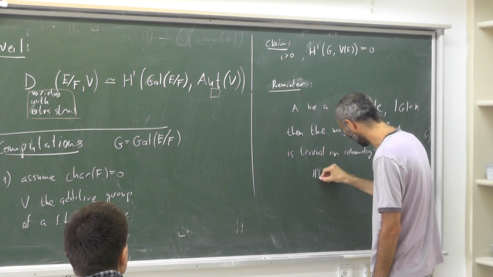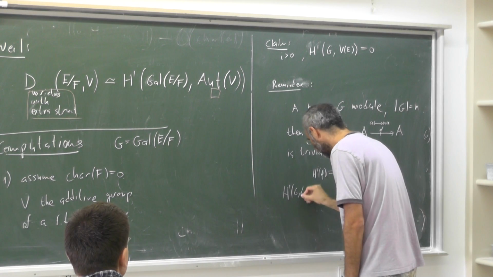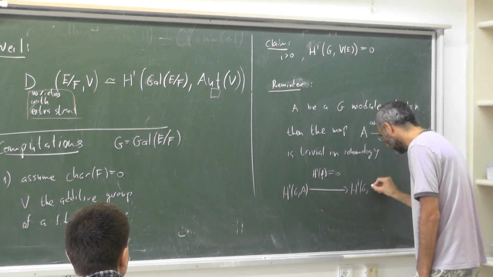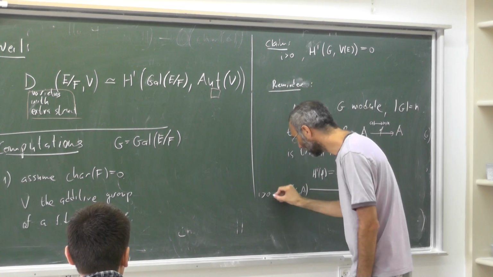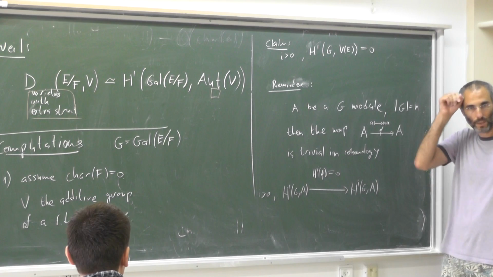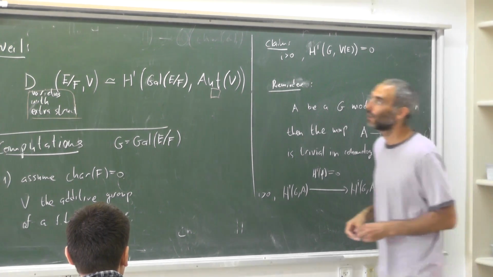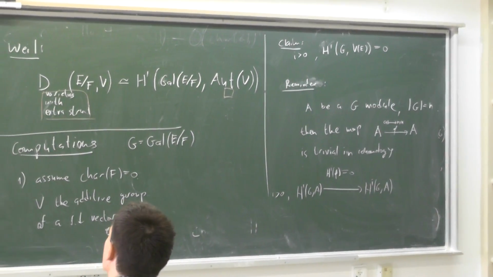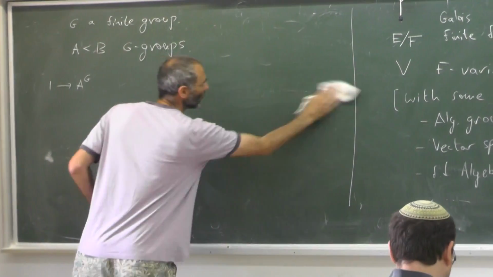I will use this several times. H^i(φ) is 0 as a map from H^i(G, A) to itself. And the proof is more or less the same. Of course, I have to ask Roman again for an explanation. So let me remind you of it.